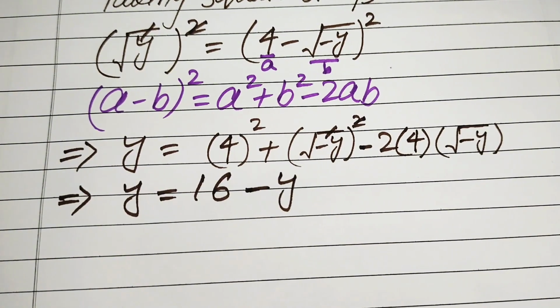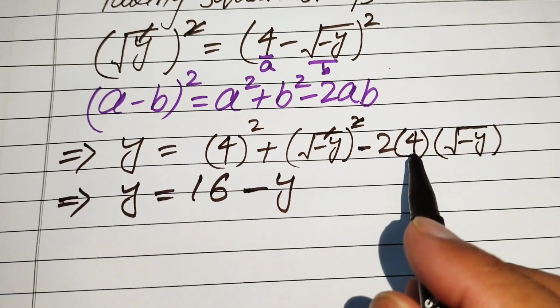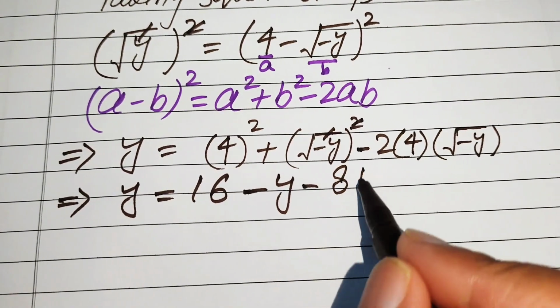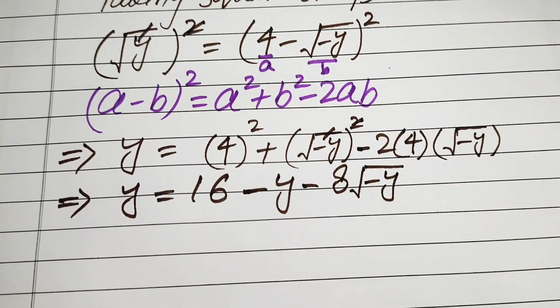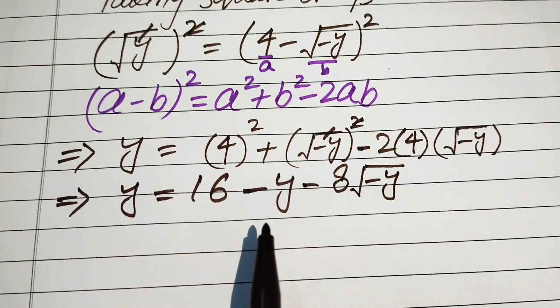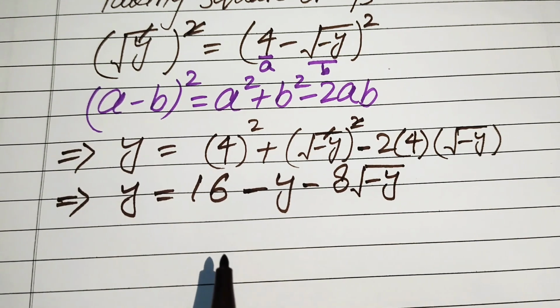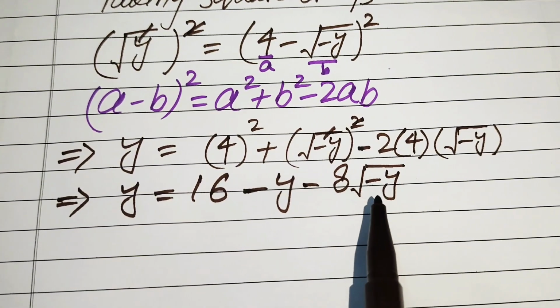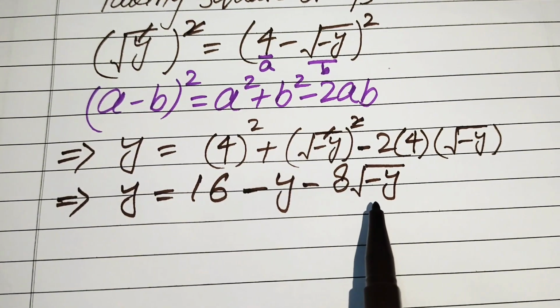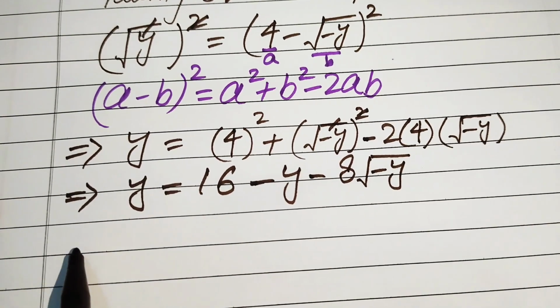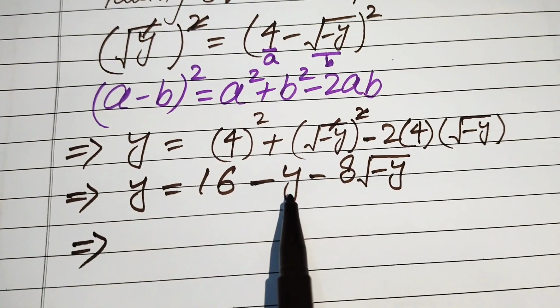After that we have minus 4 times 2, which becomes minus 8 times square root of minus y. Now we move the term involving y to the left hand side, and we separate the square root term, square root of minus y, and move all the other terms to the right hand side. Here you see that this is minus y.